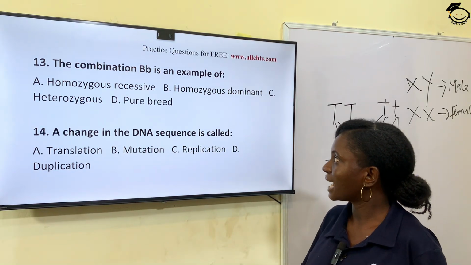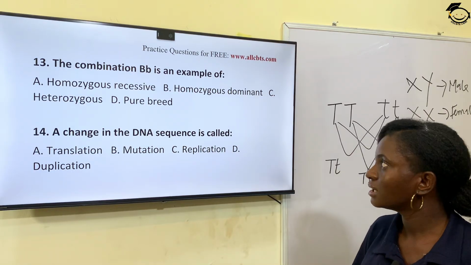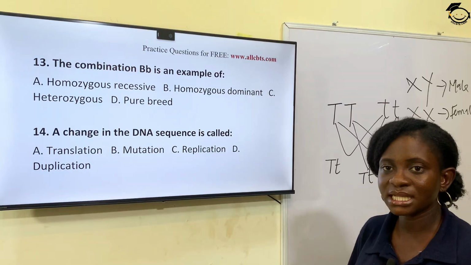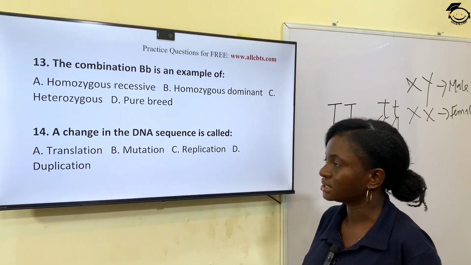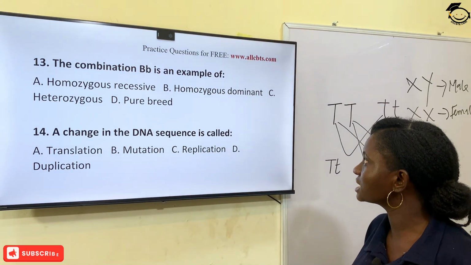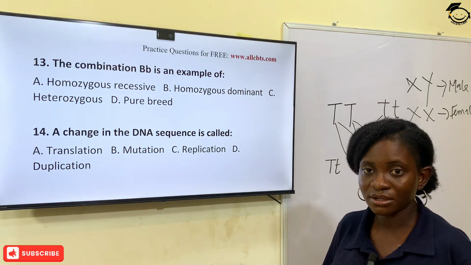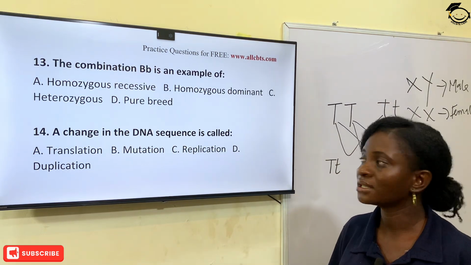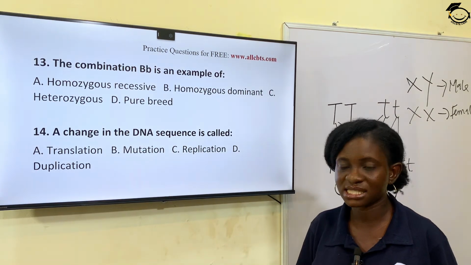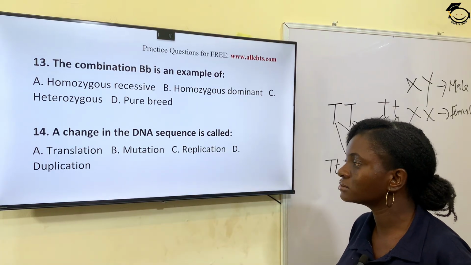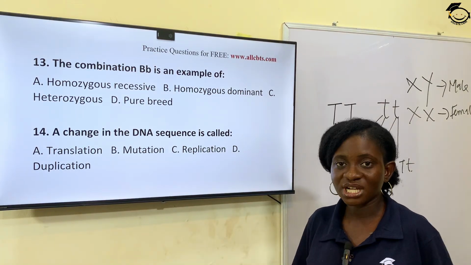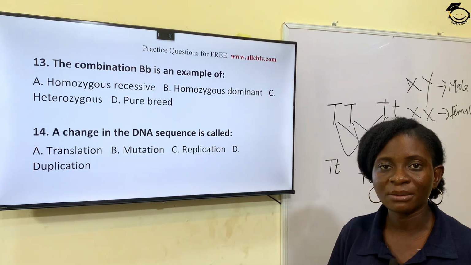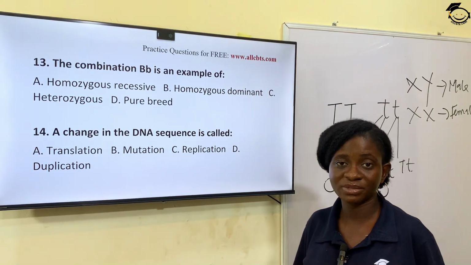A, homozygous recessive, B, homozygous dominant, C, heterozygous, D, pure breed. So the correct answer is heterozygous.